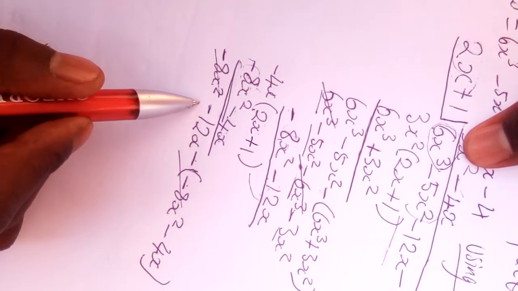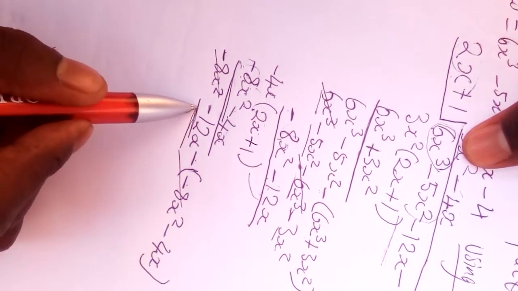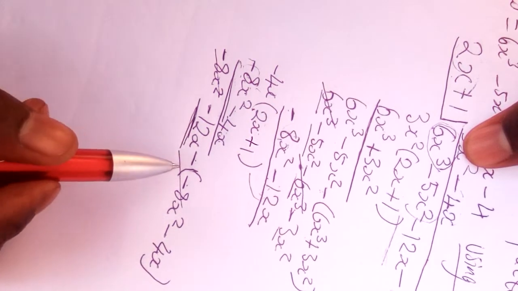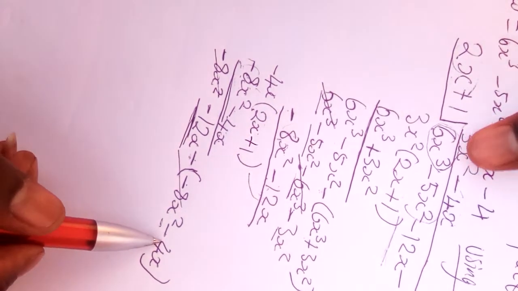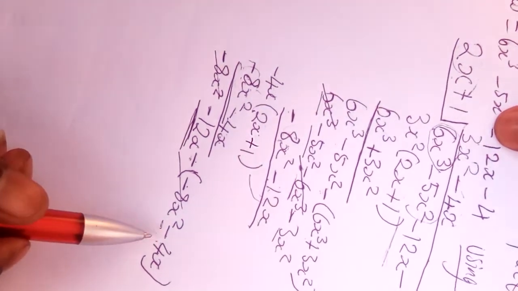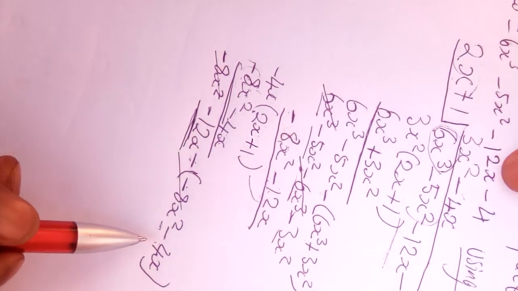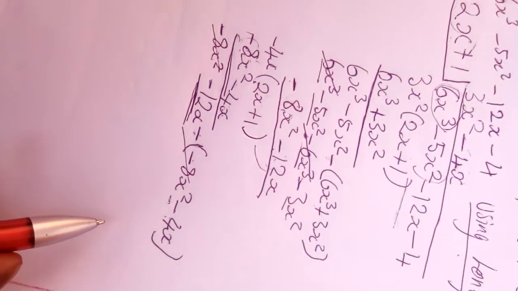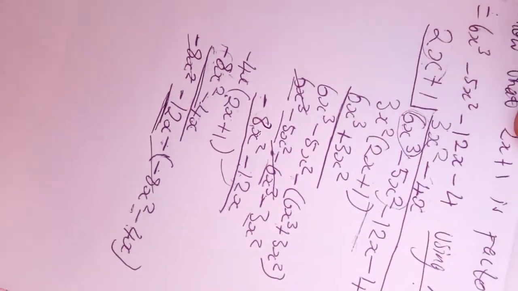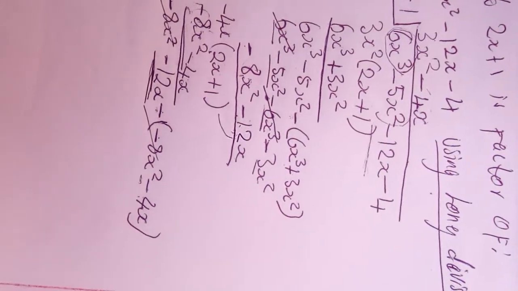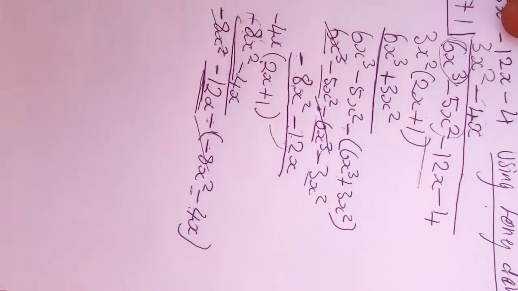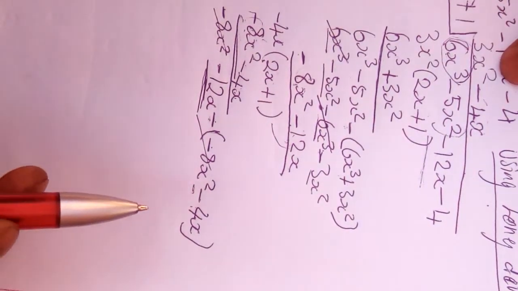So we are going to be left with negative 12x plus, because of negative and negative, this now becomes plus, it becomes positive. So we are going to have, sorry about the screen, okay. So where were we.